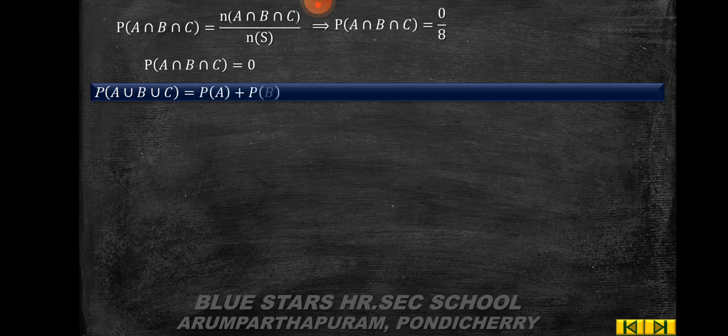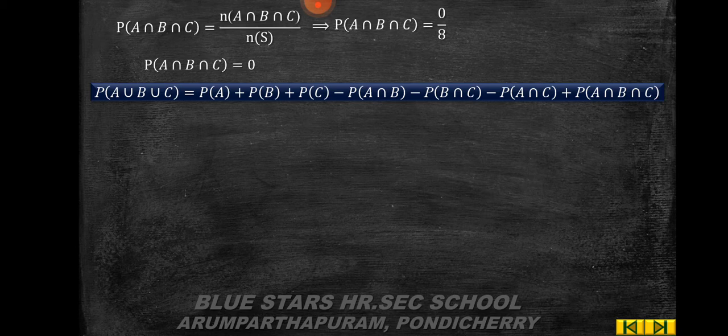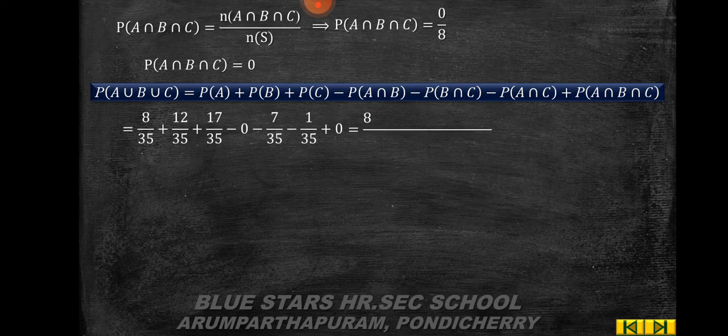Therefore, P of A union B union C is equal to P of A plus P of B plus P of C minus P of A intersection B minus P of B intersection C minus P of A intersection C plus P of A intersection B intersection C, which is equal to 8 by 35 plus 12 by 35 plus 17 by 35 minus 0 minus 7 by 35 minus 1 by 35 plus 0, which is equal to 8 plus 12 plus 17 minus 7 minus 1 by 35, which is equal to 29 by 35.